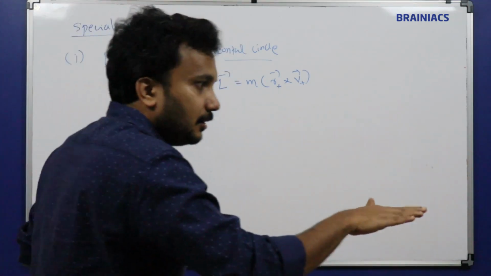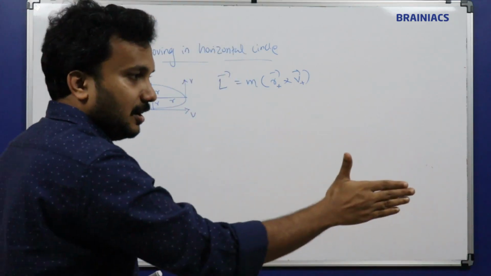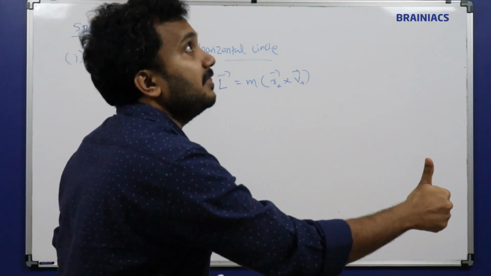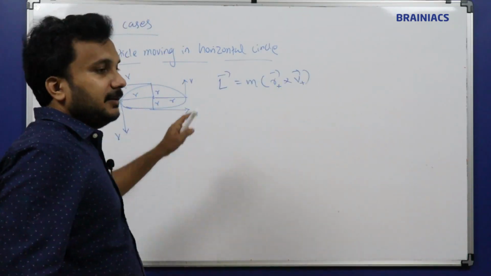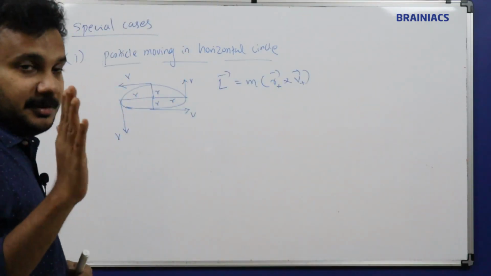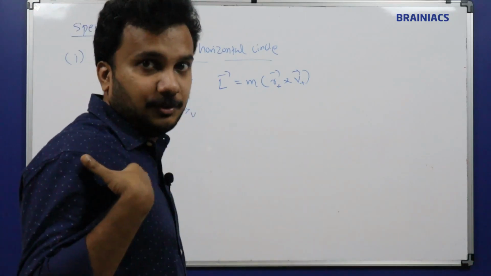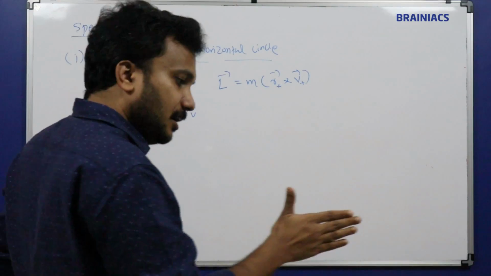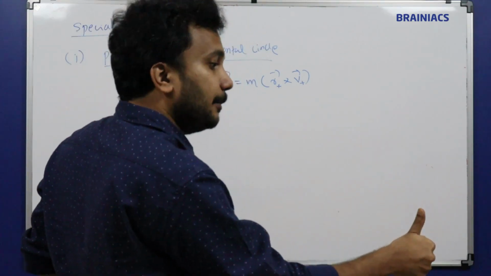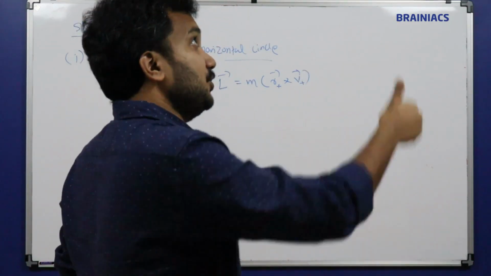So r cross v, where my thumb is going upward. Remember one point, do not look at the board, only look at my hand. So r cross v, finger folded, thumb is going upward, direction is upward.